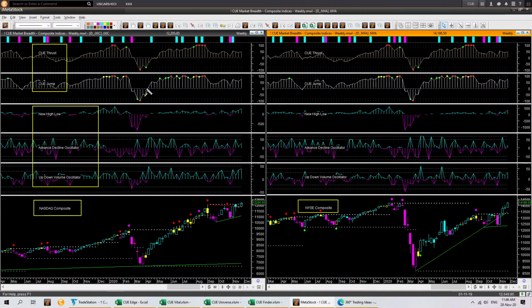Jump shows how far extended the instrument is compared to its past history, and thrust shows how fast, with how much pressure and intensity, it jumped to that height. When both of them become red hot, there is a high likelihood that the instrument will pull back.